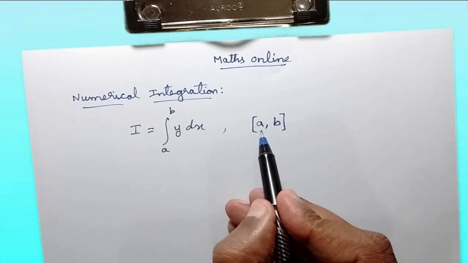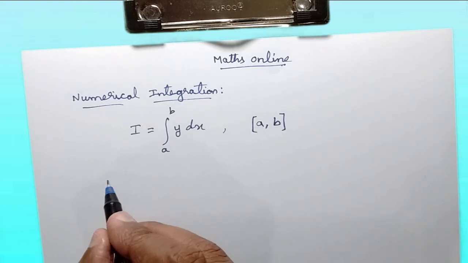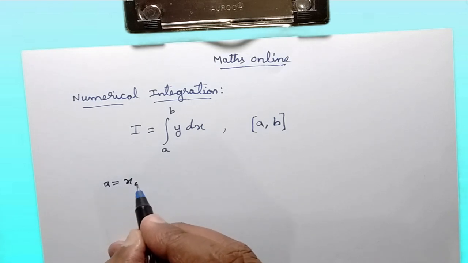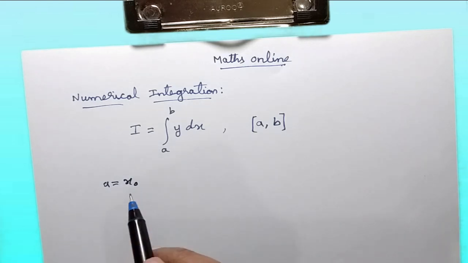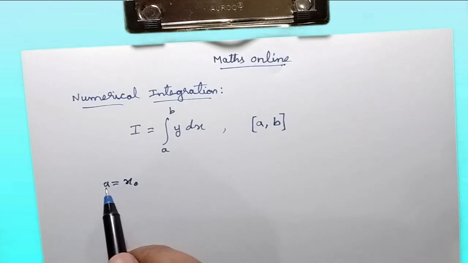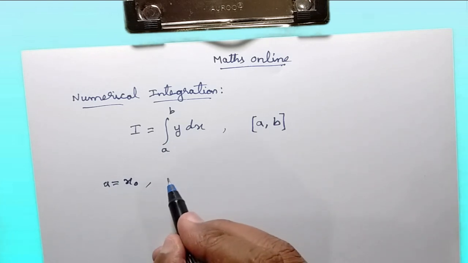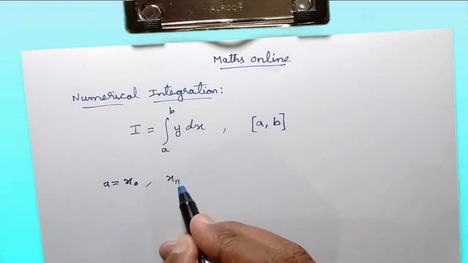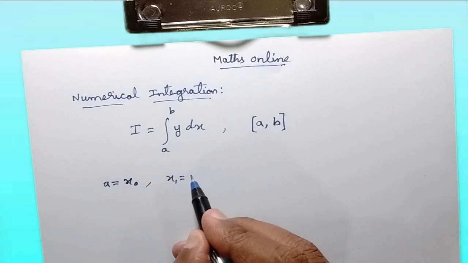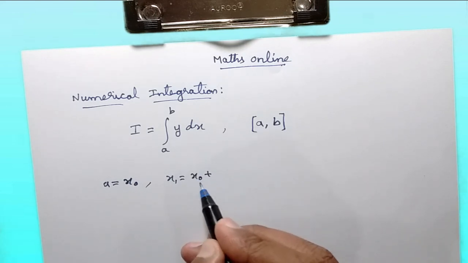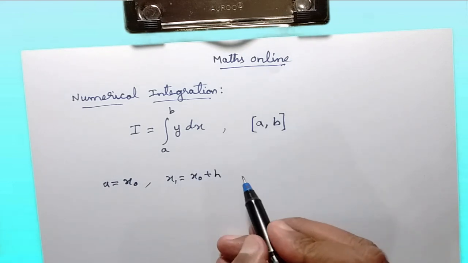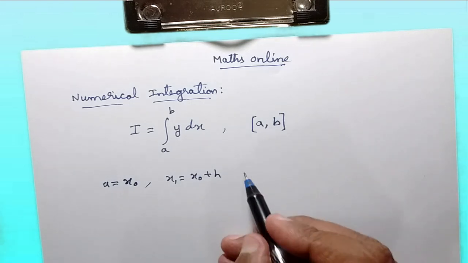Now what does this interval a and b represent? Suppose I am taking the value of a to be x naught. So the first value of x, x naught, is a. Similarly, you can write down the value of x1. So what will be x1? x1 will be equal to x naught plus h, where h represents the step size.